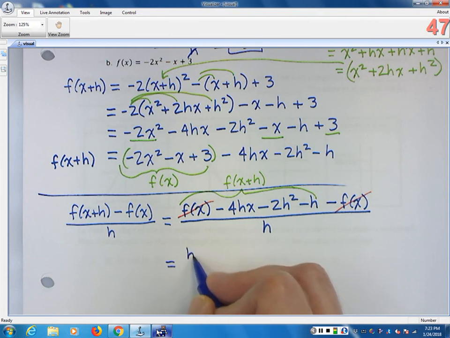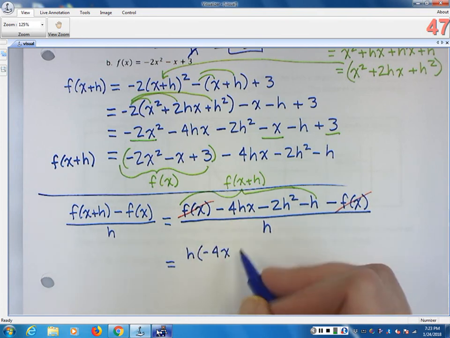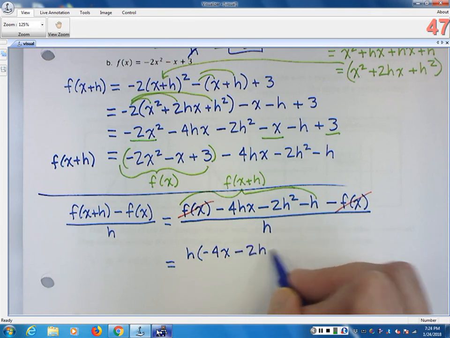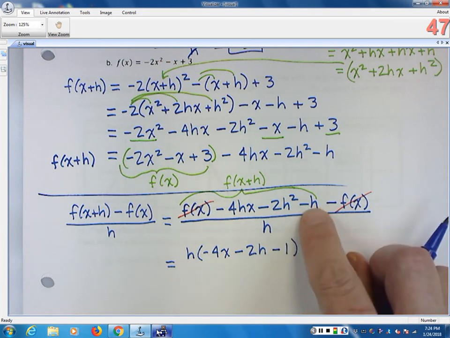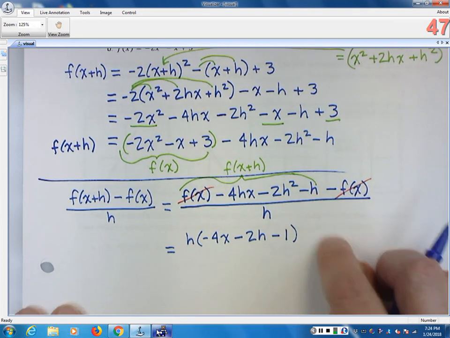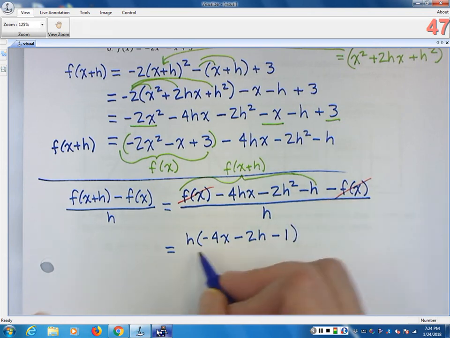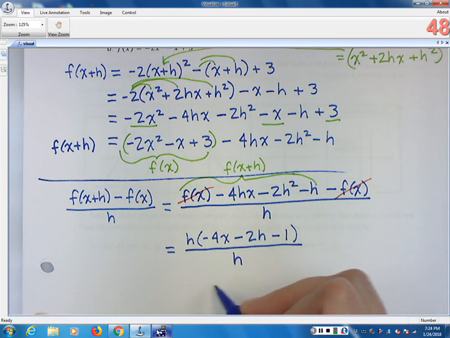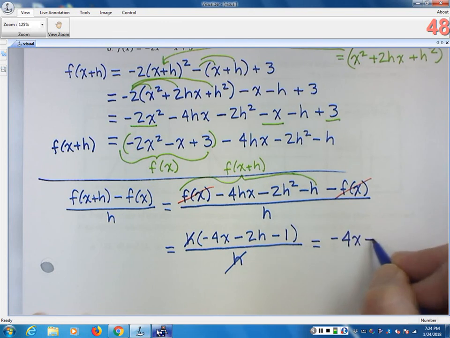So h times minus 4x is this term, minus 2h minus 1. When you factor an h out of h, you get 1. H times negative 1 is negative h. And then I'm going to divide by h, and those cancel. So our answer is minus 4x minus 2h minus 1.